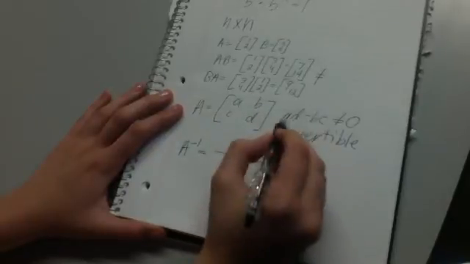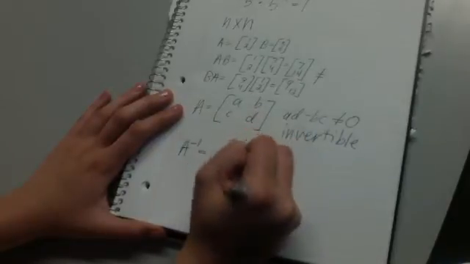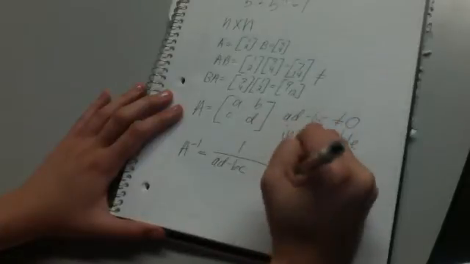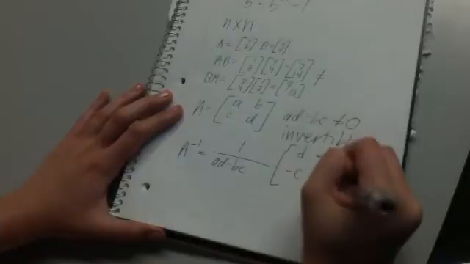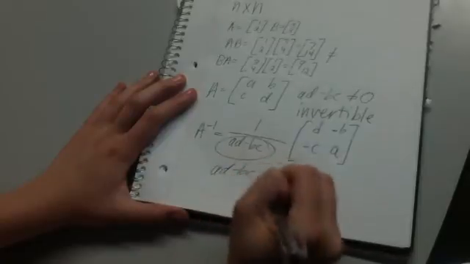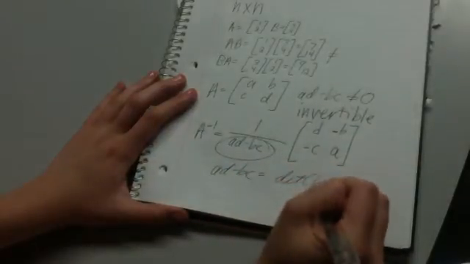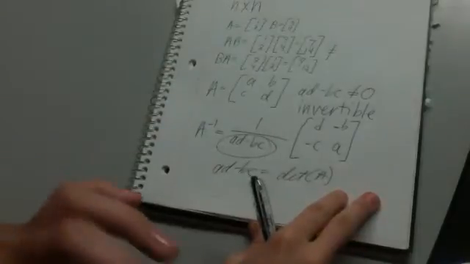Now, in order to actually find the inverse, we simply divide 1 by this, AD minus BC, and multiply it times D, negative B, negative C, A. Now this number right here, AD minus BC, is called the determinant of the matrix, and it's actually pretty useful in a couple of other processes.